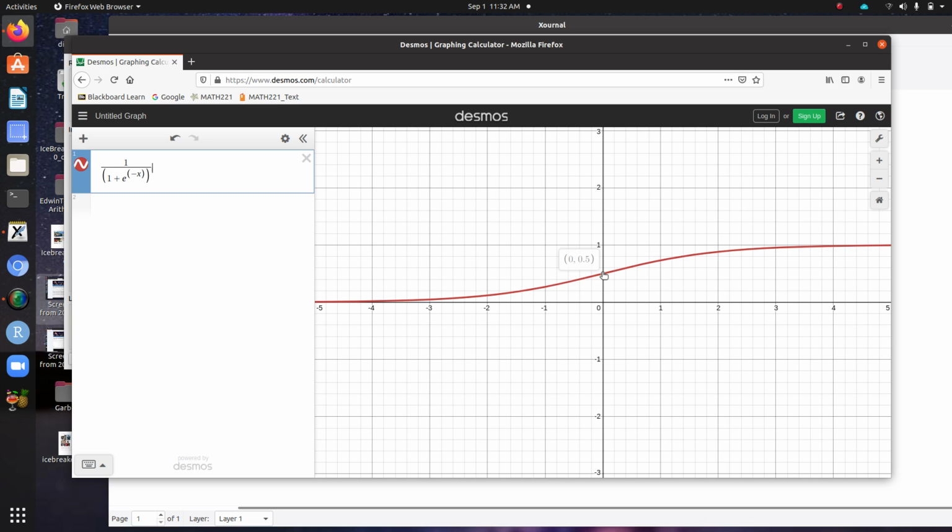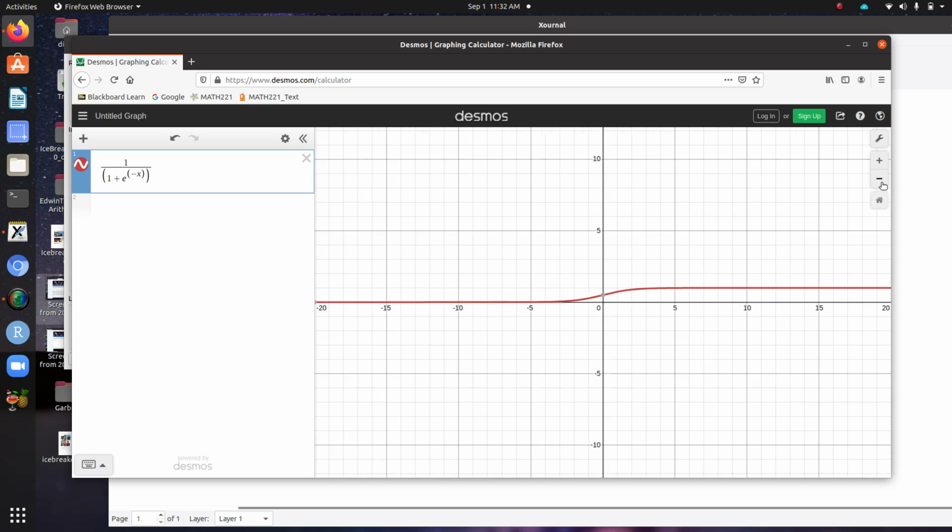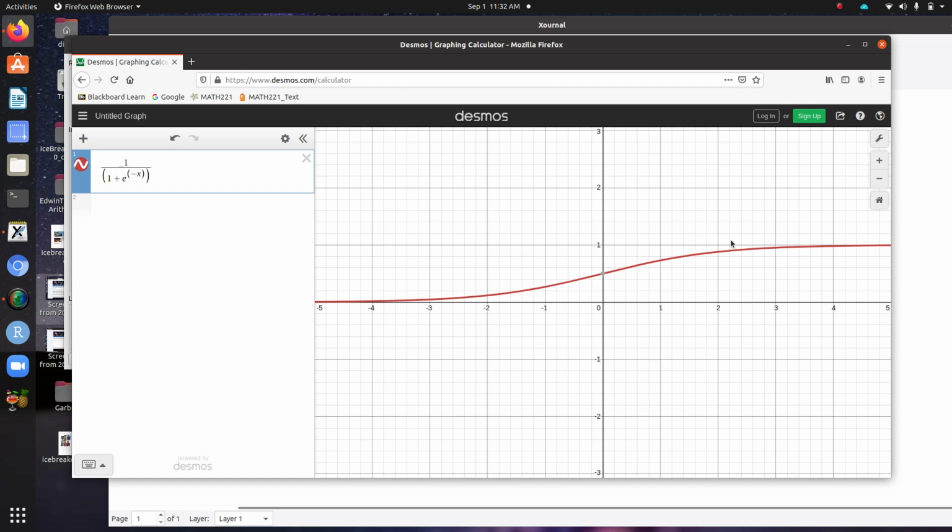It might not be perfectly rotationally symmetric, I'll leave that to you to decide, but there's an upper limit, a long-time behavior where it stabilizes, in this case at y equals 1, and left-hand behavior it stabilizes at y equals 0. And there's this fun area in the middle where you transition between them.